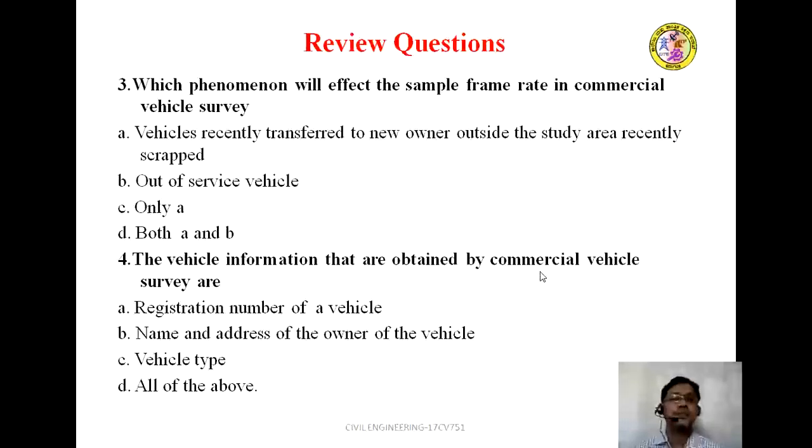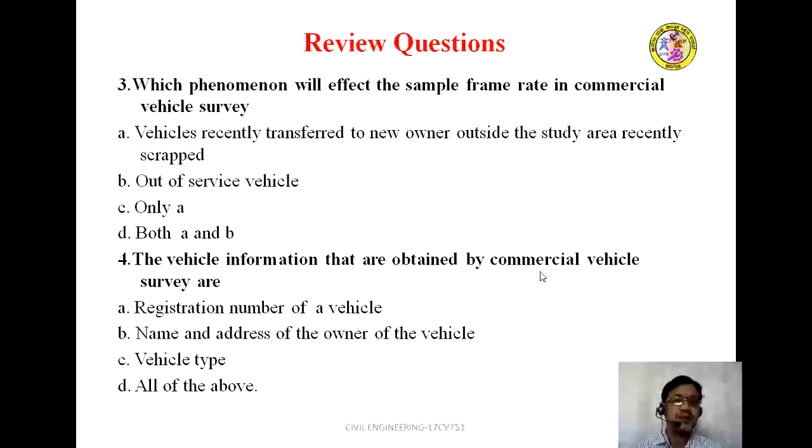Moving on to the next question: which phenomena will affect the sample frame rate in a commercial vehicle survey? Option A, vehicles recently transferred to a new owner outside the study area or recently scrapped. Option B, vehicles that are out of service.